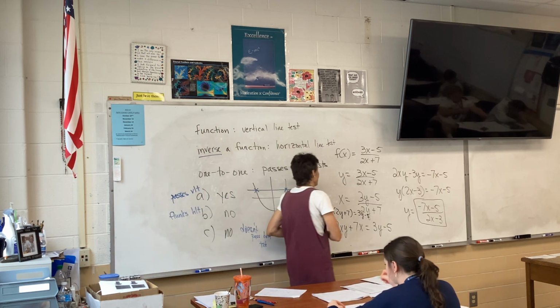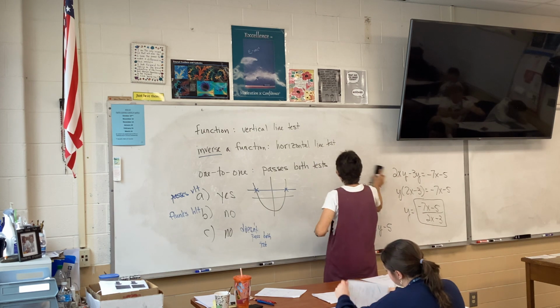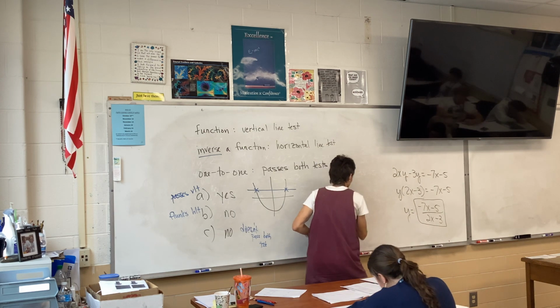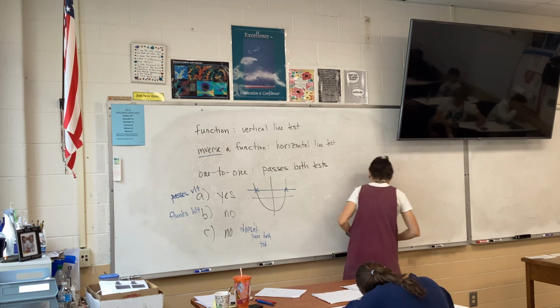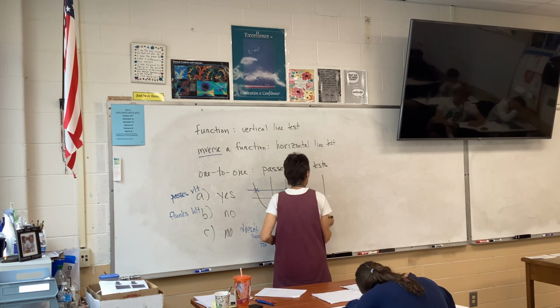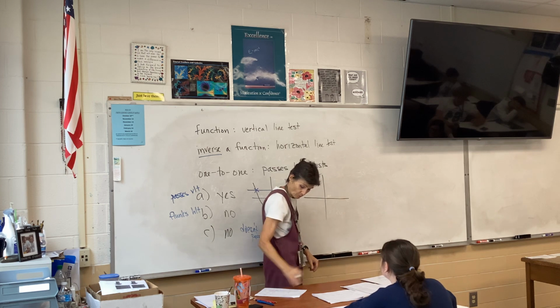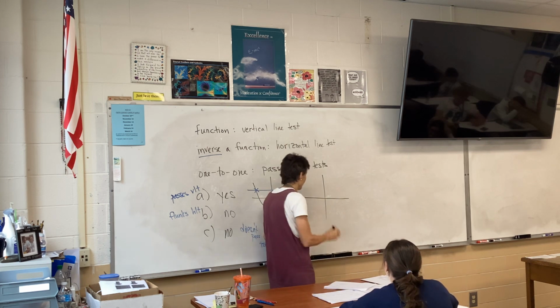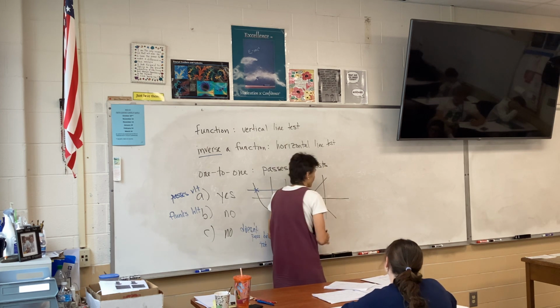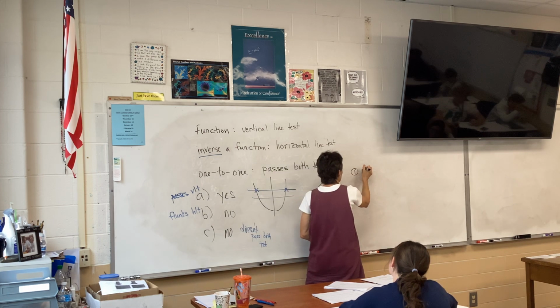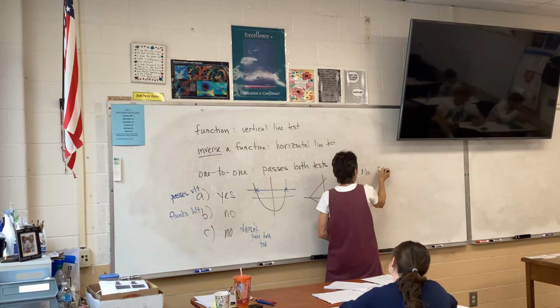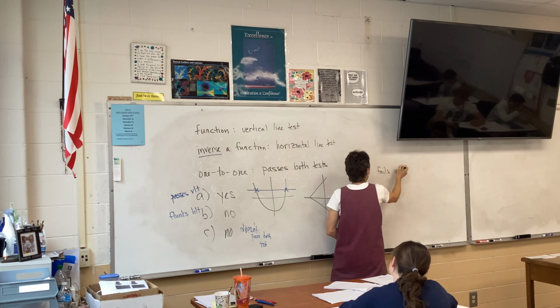Alright, let's look at B. B is a sideways absolute value. If you thought you were done with the BFFs, think again. We're never done with the BFFs. Alright, is it a function? No. Failed vertical line test.